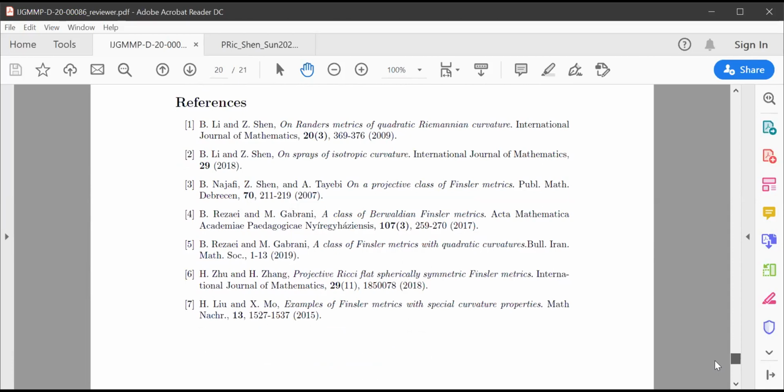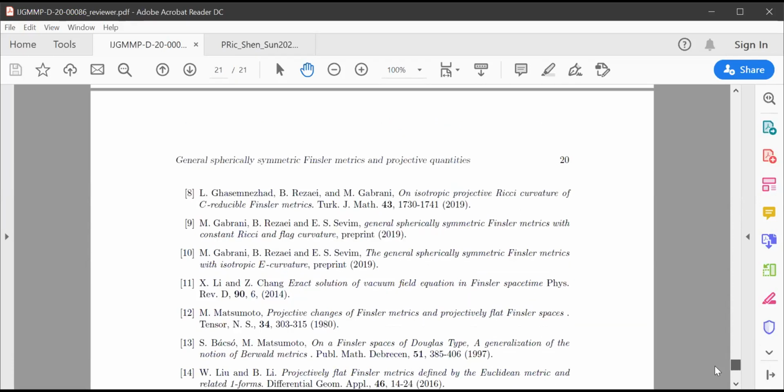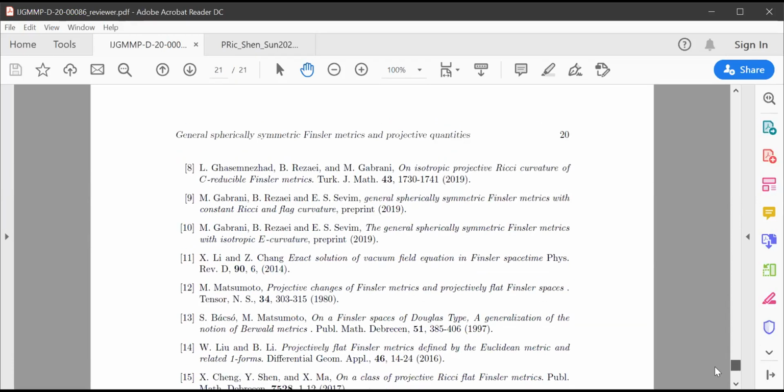I don't see Li and Liu's paper. So you see, okay, oh, in here, paper 14, projectively flat Finsler metrics defined by a Euclidean metric and a related one-form. Okay, yeah, that's Li and Liu's paper.